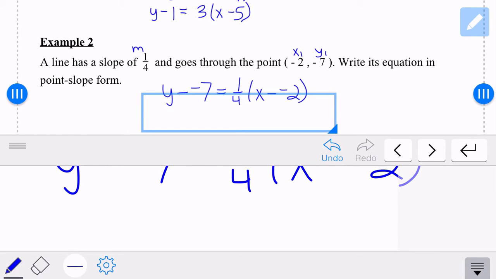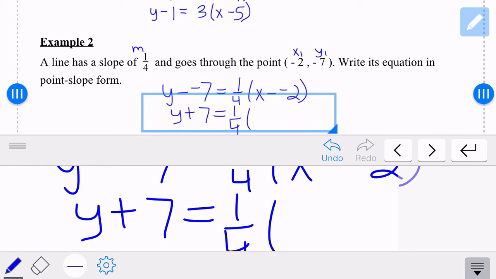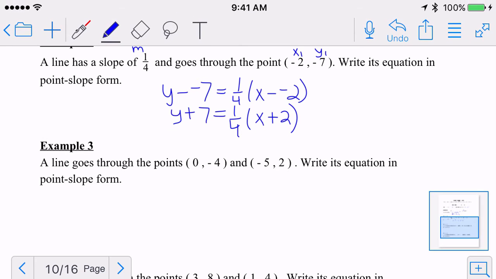Well, let's simplify that a little bit. We don't want to have a double negative in there. Remember, subtracting a negative is the same as adding. So it'll be y plus 7, and then 1/4 times x plus 2. So that would be our equation for that one.